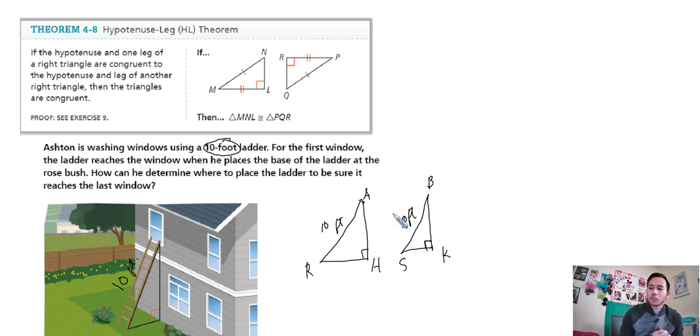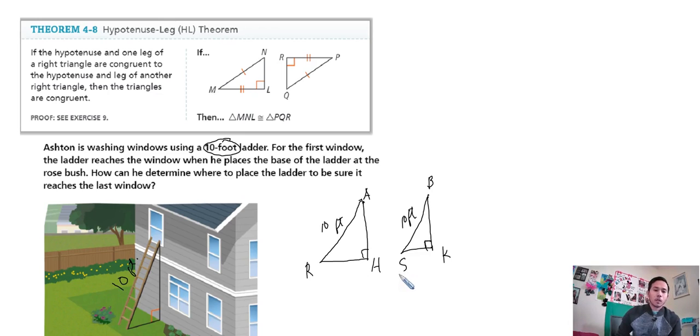To make sure that the right triangles are congruent, Ashton can place the base of the ladder so that RH is congruent to SK. If RH is congruent to SK, then the triangles are congruent by HL theorem. Thus, by placing the base of the ladder the same distance away from the house as the rose bush, the ladder will reach the last window.